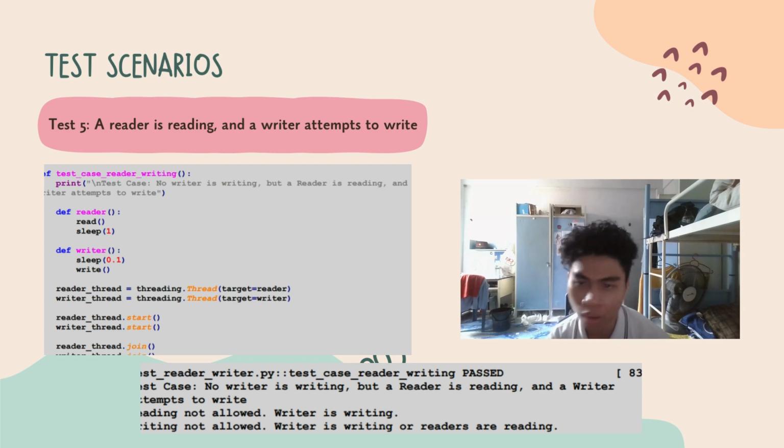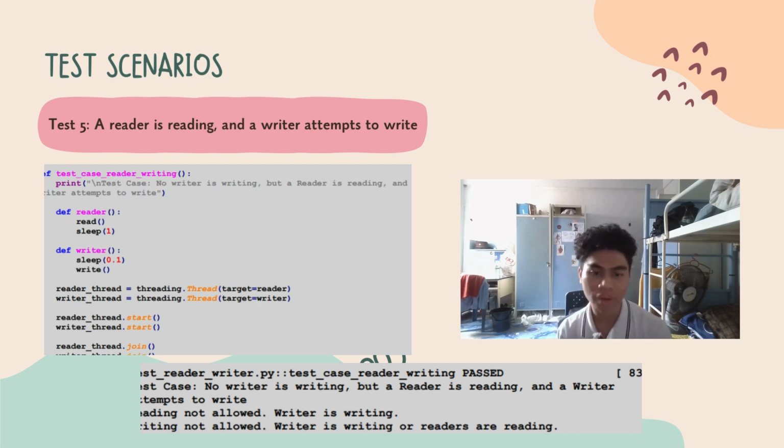Reading not allowed, writer is writing. Writing not allowed, writer is writing or reader are reading. For the first output, reading not allowed, writer is writing, this is because the system checks if a writer is writing. Since a reader is currently reading, the writer is not allowed to write.